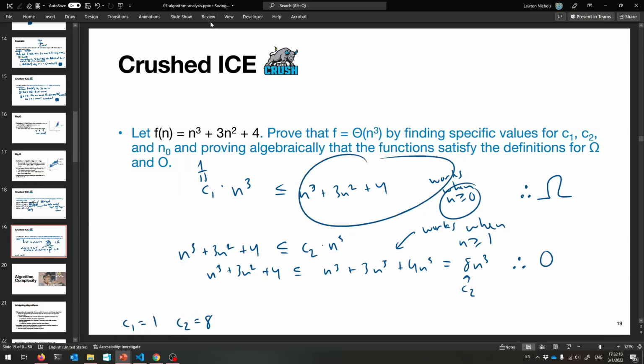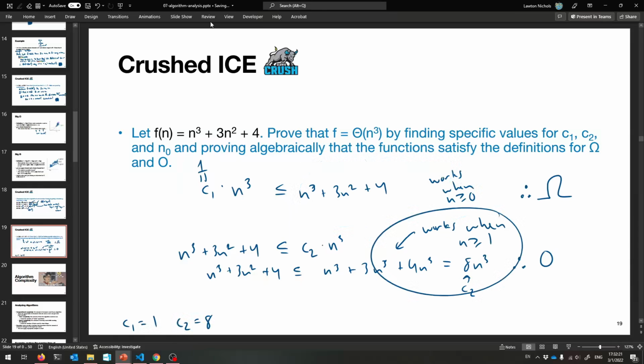This part works when n is greater than or equal to 0, but this part only works when n is greater than or equal to 1. So I need to keep the bigger one. Okay? I want them both to work at the same time, so n naught for the whole big theta better be the harder one. It better be 1. That's going to make it work. So therefore, bringing all these together, f is big theta of n cubed. QED. So we found all those particular constants, and it all worked out. Okay? That's what we needed to do. And that is the key.